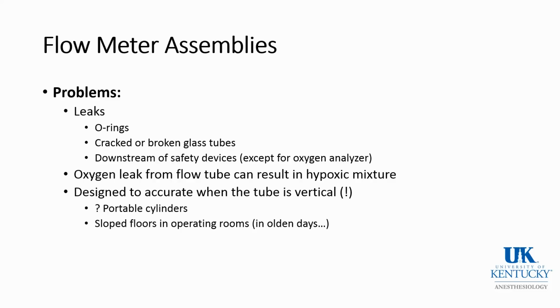These flow meters are designed to work accurately in the vertical position. It does bring into question how accurate the flow is when a cylinder is placed horizontally in the patient bed. And overall, the cylinders with flow meters should not be placed in horizontal or angled positions.